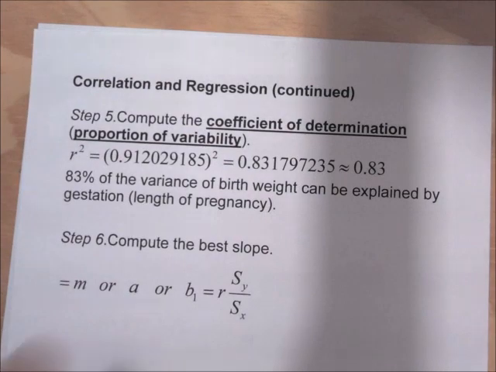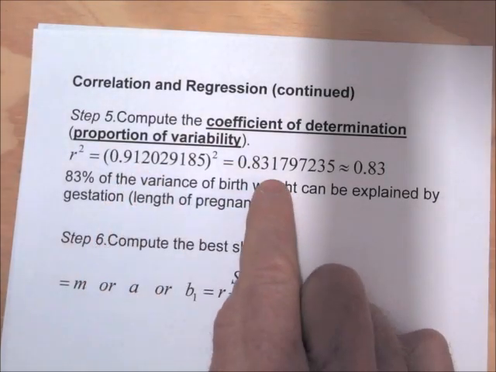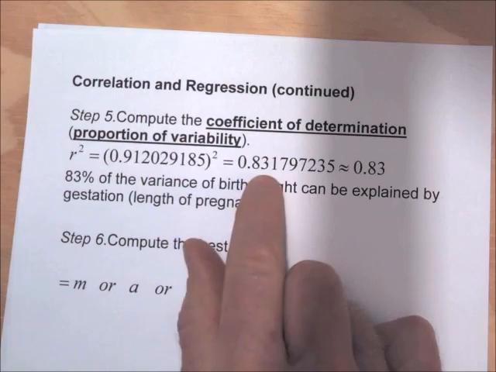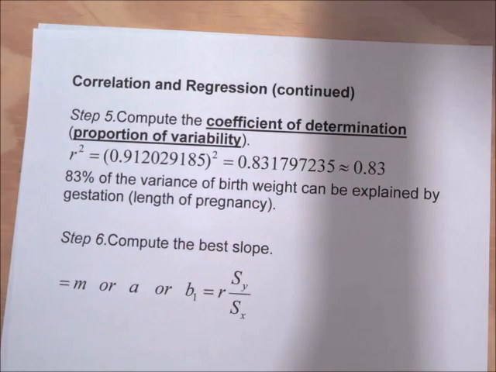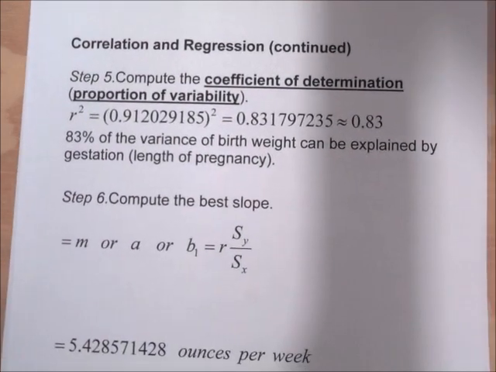R squared, R times itself, is 0.91 something times itself. It's 0.83 something. So that means that 83% of the variance of birth weight can be explained by gestation. Generally, R squared is the proportion of the variance of the Y variable that can be explained by the X variable. There are different ways of computing R squared, but if you have R, then that's, I think, the most straightforward way.